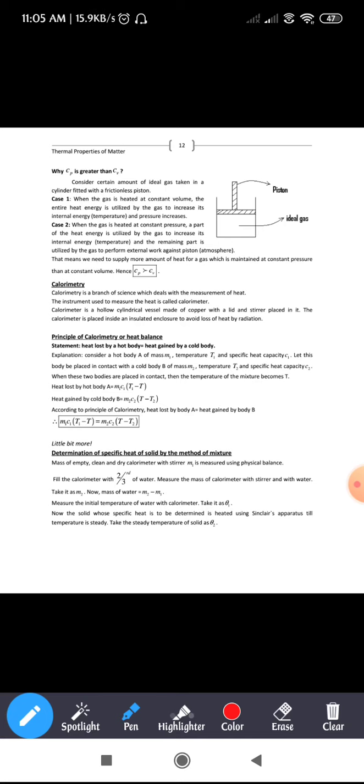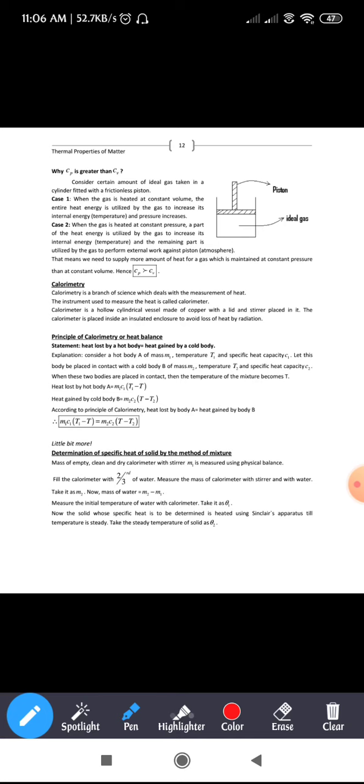Since we are dealing with the first case at constant volume, what happens? As we know, when you supply the heat, the volume of the gas should increase. But since we are dealing with constant volume, the volume doesn't increase. So whatever heat you supply results in an increase in internal energy, that is, the temperature of the gas. Okay, so that is the first thing.